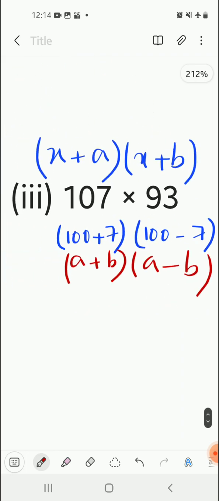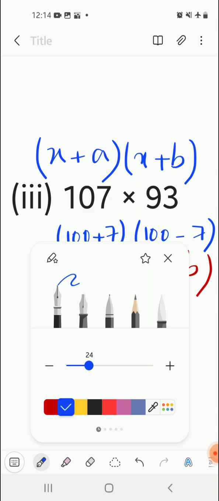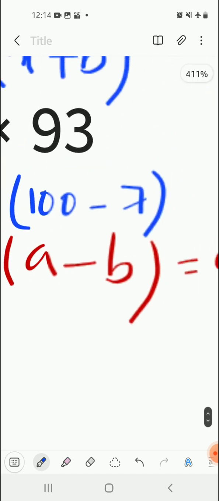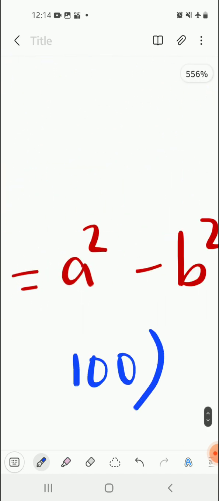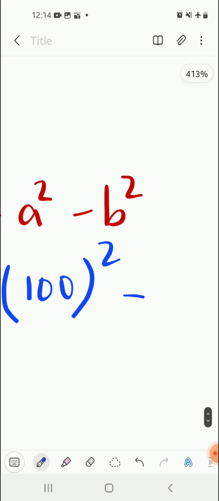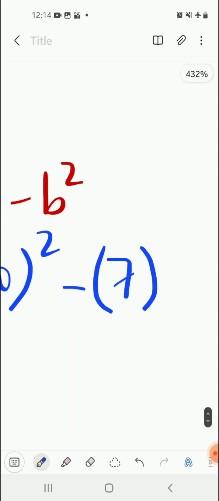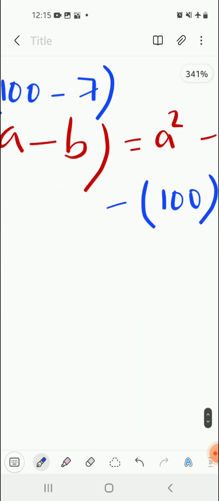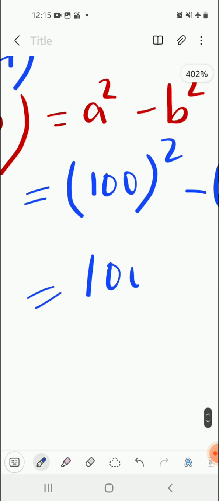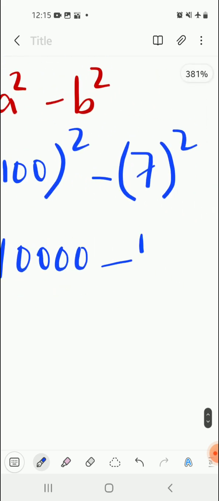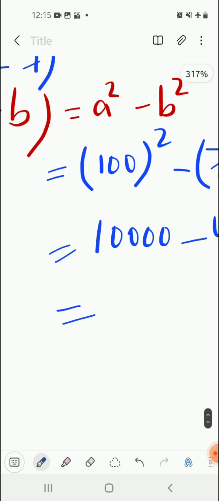This would become 100 square minus 7 square. So let's write it. a square will be 100 square as per the question, and b is 7 square, that is 49. 100 square is 10000 minus 49, subtract these numbers, we're going to get 9951.